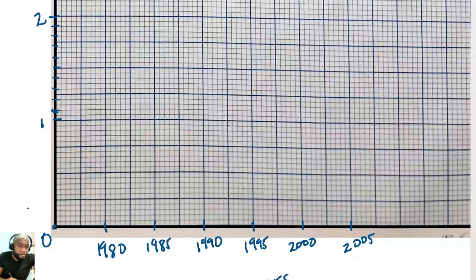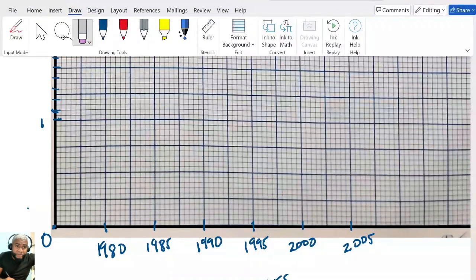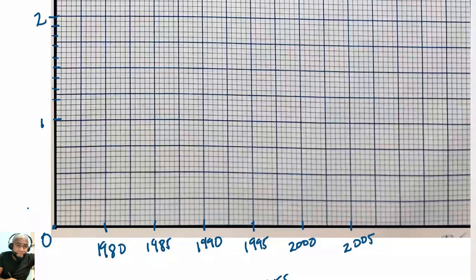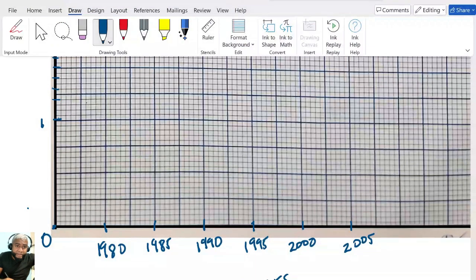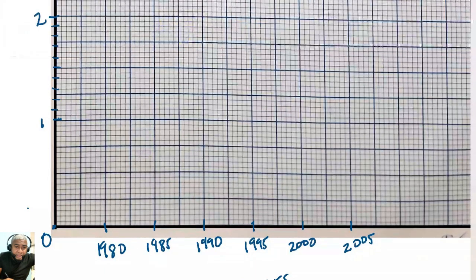Everybody good there? Every 2 small boxes is 0.1. So I'm writing it out there, 1.1 through 1.9, and then 2, right?